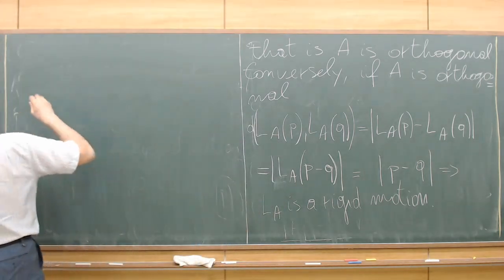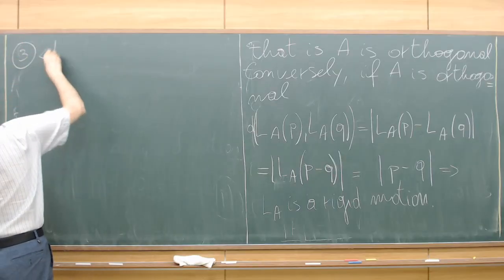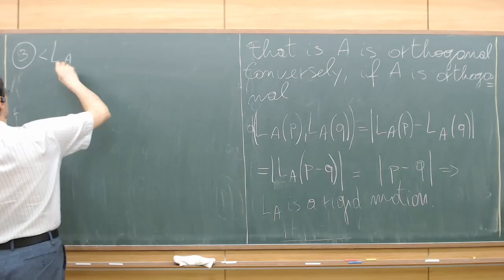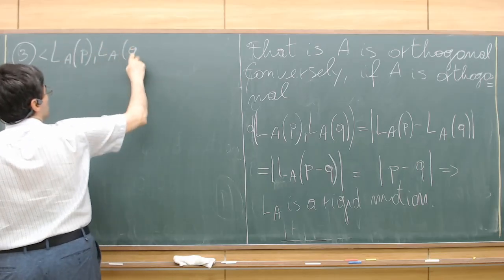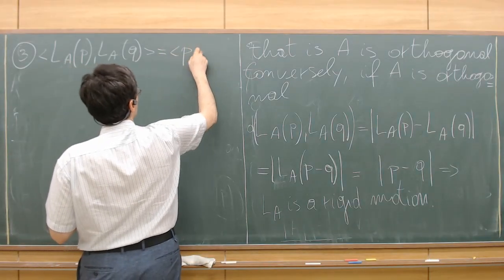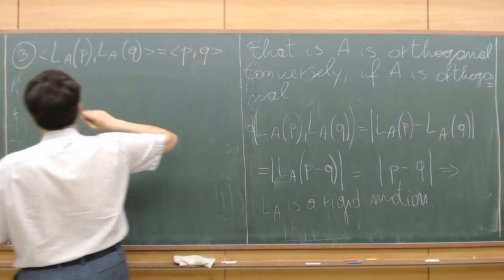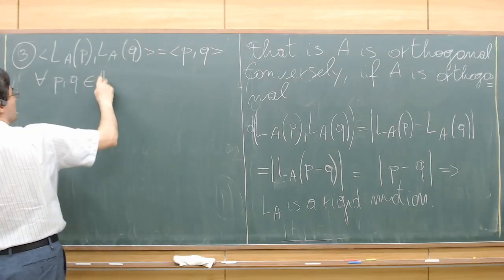So the first one is number 3, and it says that the inner product of LA P with LA Q coincides with the inner product of P and Q for any P, Q in Rn.